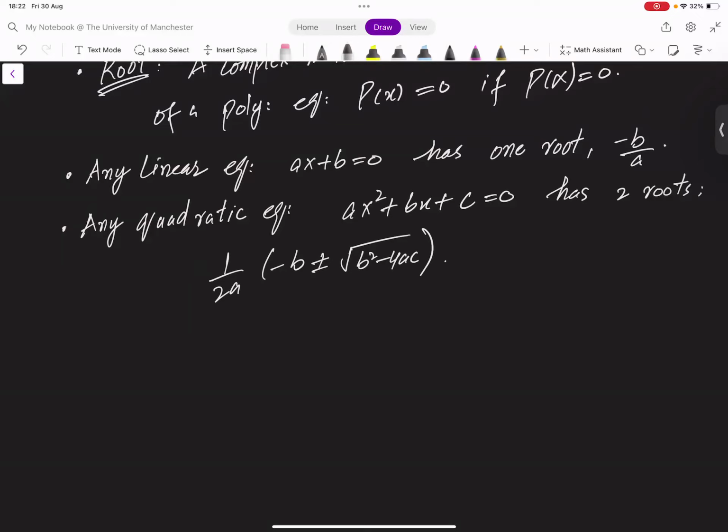Now, things are less clear for cubic equations. We don't have something like this formula.